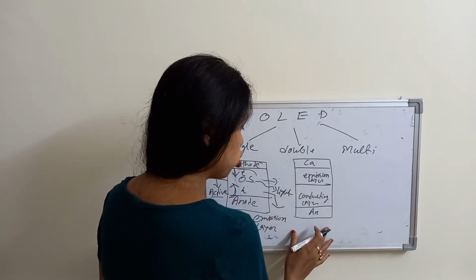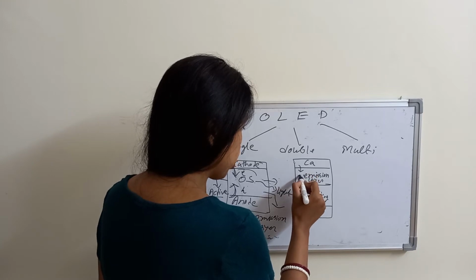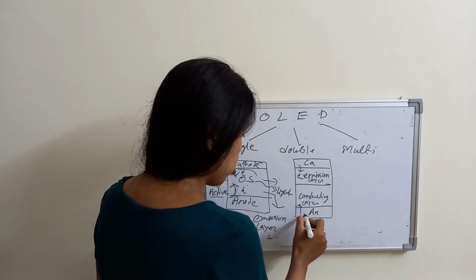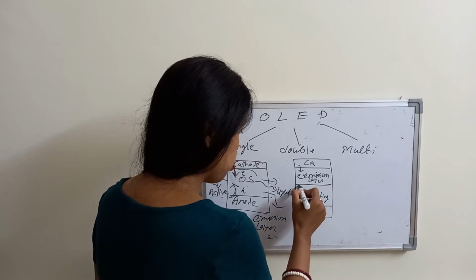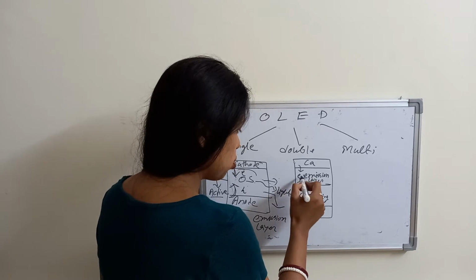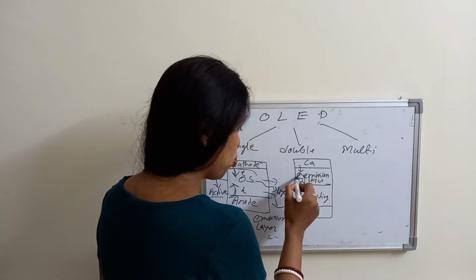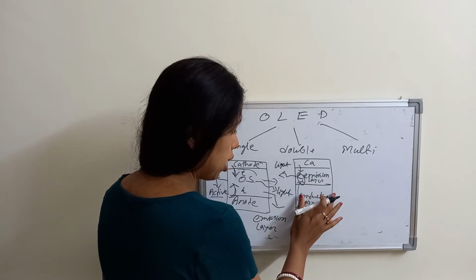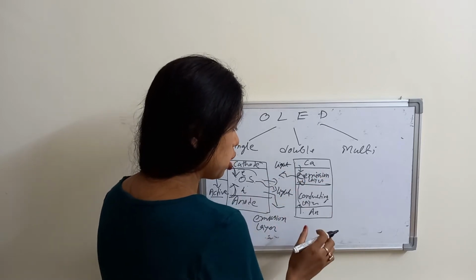In this case, the electron will transfer from cathode to the emission layer, and the hole will transfer from anode to the conductive layer and pass to the emissive layer. Inside this emissive layer, electron and hole are recombined and produce light. Only one conducting layer is there and another is the emission layer.